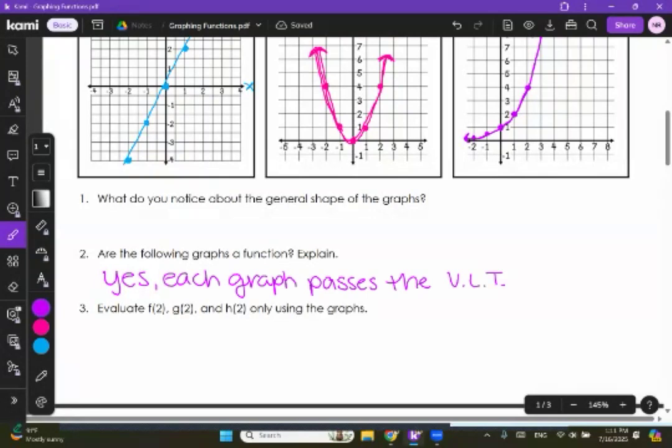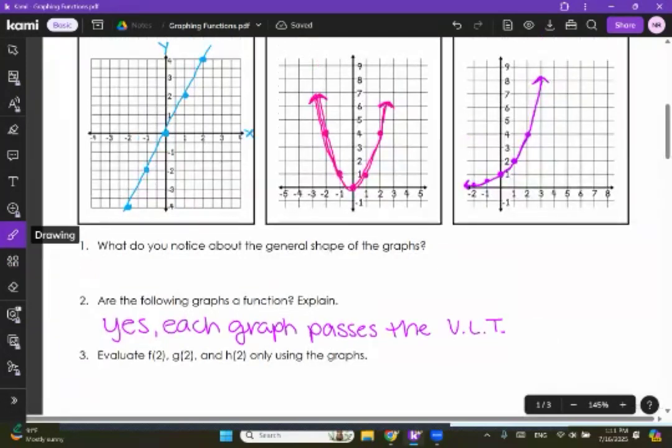So they want you to evaluate f of 2, g of 2, h of 2, only using the graphs. Well, we know how to do this based off what we learned yesterday. So f of 2, because it is an f, we have to go to this graph. So we go to the number 2, go straight up, and find what y value it gives us. So f of 2 gives us 4.